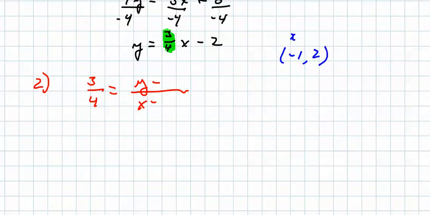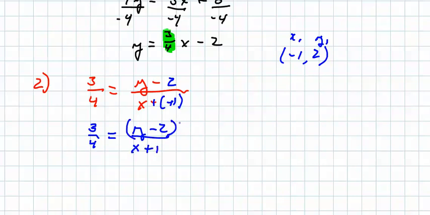So we have x1, y1. So it's y minus 2 over x minus -1. And some of you have been struggling a little bit with this. Minus a negative, remember, plus a positive. Immediately change it. All right, so I have 3/4 equals y minus 2 over x plus 1.